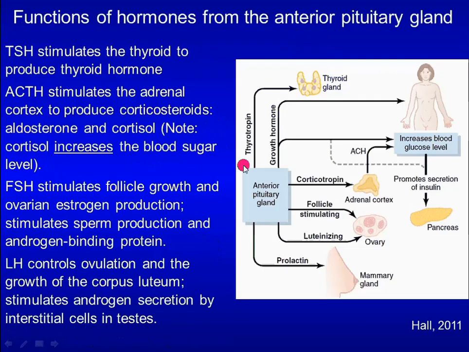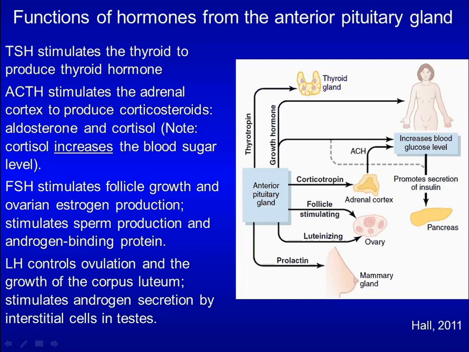TSH stimulates the thyroid to produce thyroid hormone. ACTH stimulates the adrenal cortex to produce corticosteroids. Follicle-stimulating hormone stimulates follicle growth and ovarian estrogen production in females.